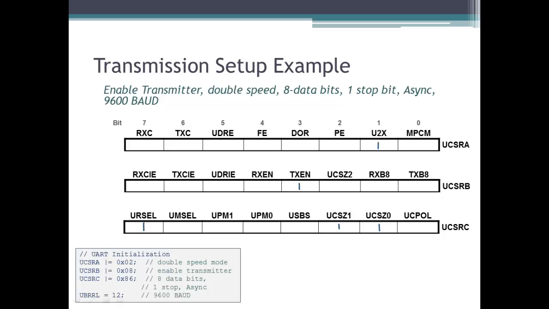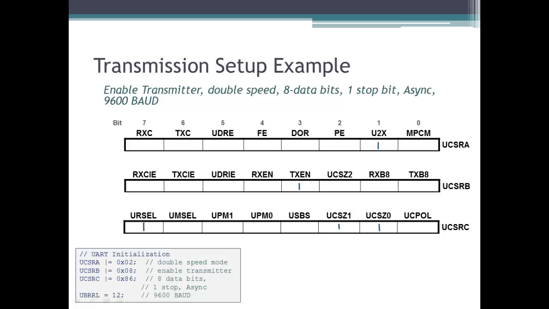Now the syntax for accomplishing that I have written down here in the lower left corner, where we can see that for UCSRA, we're going to load the value hex 02, setting bit 1, the U2X line high, to enable double speed mode. You can also notice that for all the register writes, besides the baud rate register at the bottom, I've done them with an OR operator, so that I've ORed the register with itself and the hex value I want to turn on particular bits.